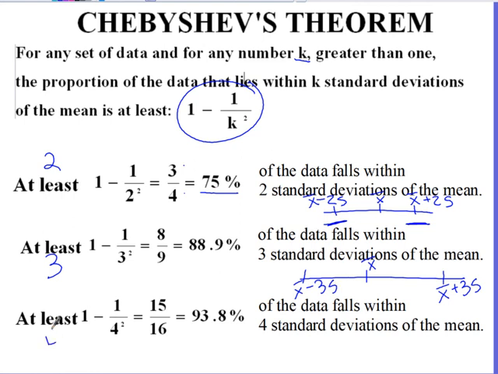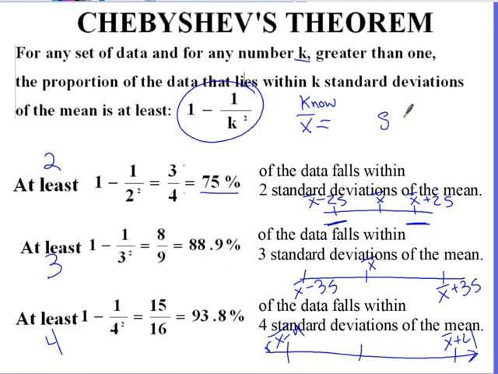At least 4 standard deviations away is 93.8%, and it makes sense, right? You've got your middle mean, you go plus 4 of those and down 4 of those from the mean. The important thing is you need to know the average and the standard deviation to come up with these intervals. You're coming up with a low number and a high number.